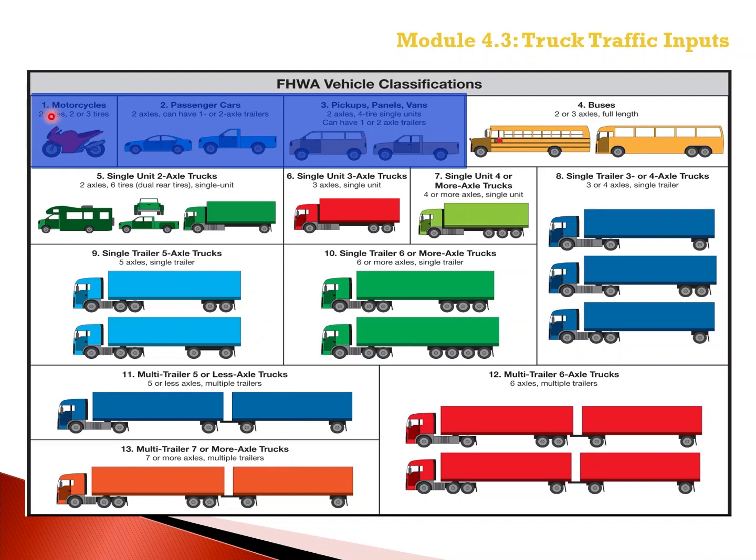The vehicle classifications 1, 2, and 3, which are very light vehicle traffic, pickups, cars, motorcycles, are not included in the Pavement ME Design software. Some agencies use a slightly different truck or vehicle classification definition.